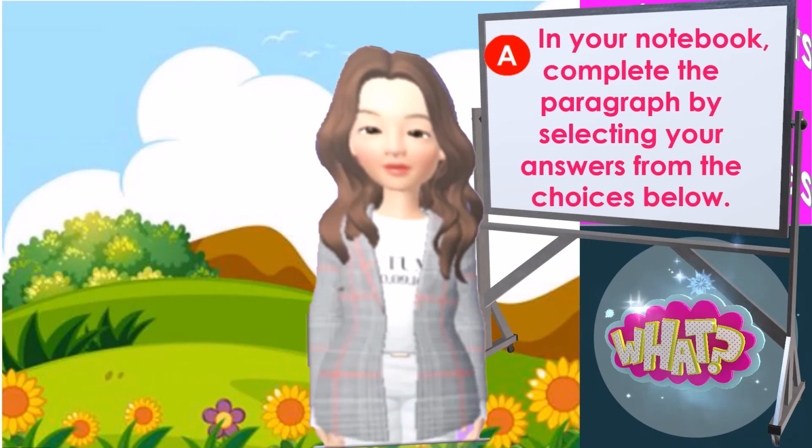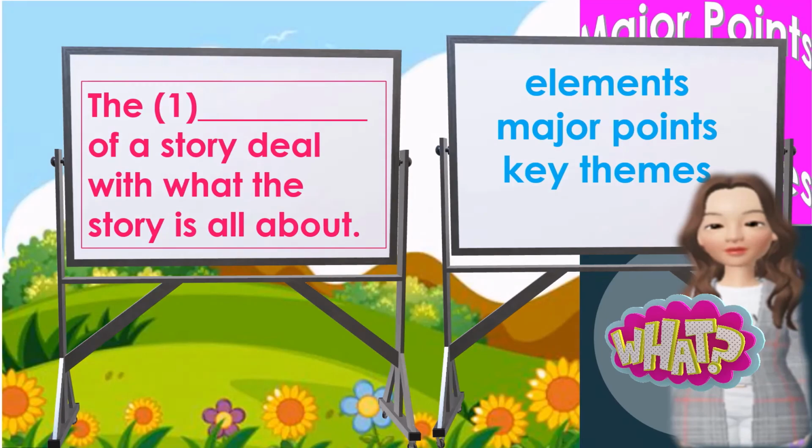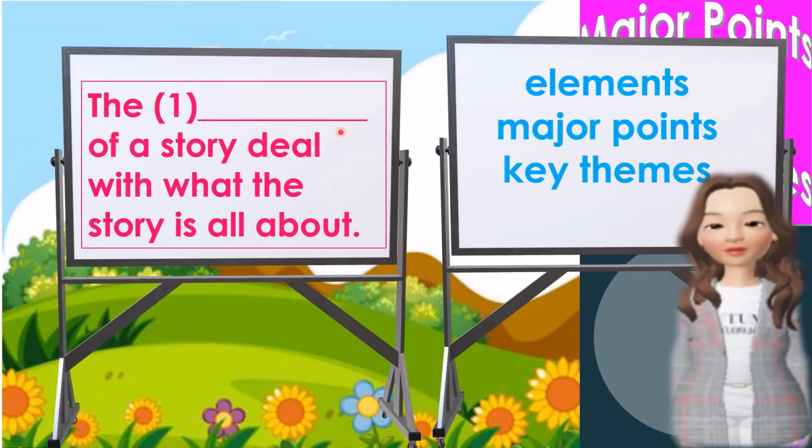And for our last activity, in your notebook, complete the paragraph by selecting your answers from the choices below. Number 1, the blank of a story deals with what the story is all about. The choices are elements, major points, key themes.